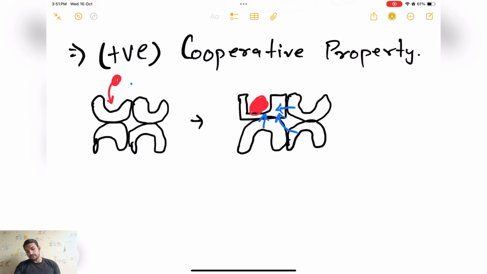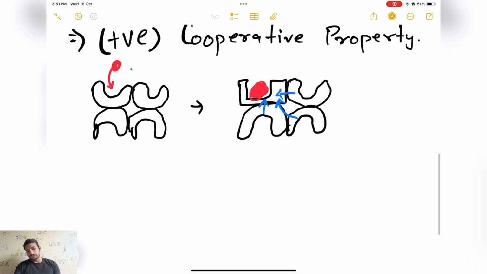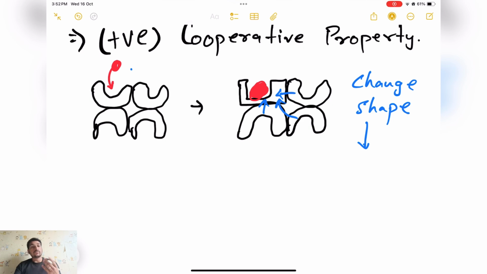After that, they also want to change their shape, and if they change shape, then we can convert more and more substrate to the product. So it is positive affinity, positive cooperativity.